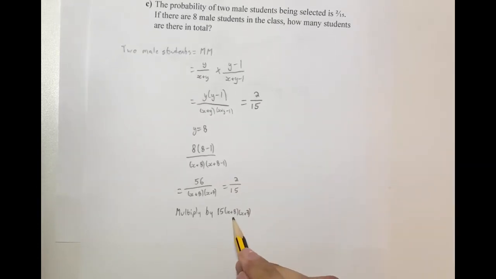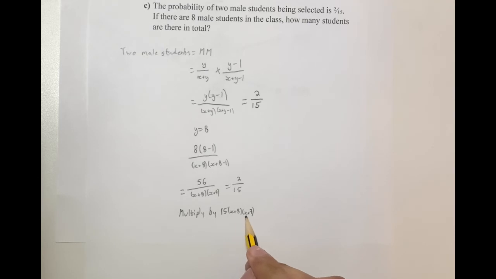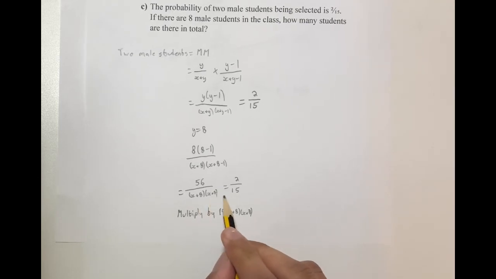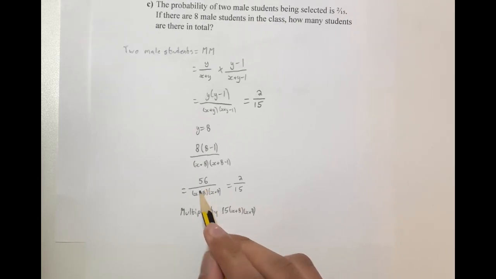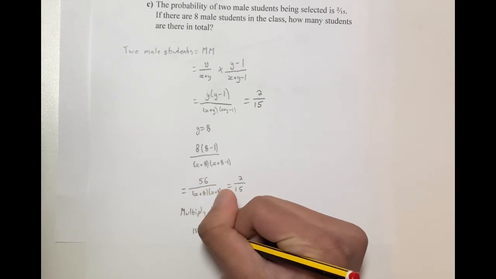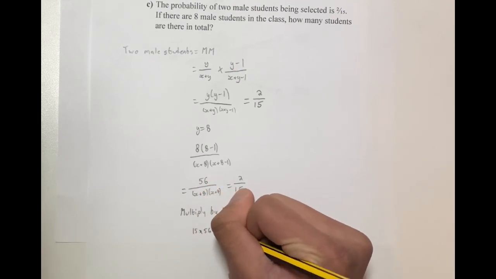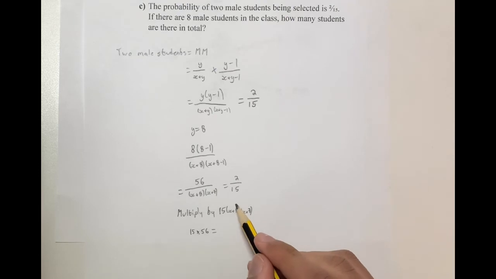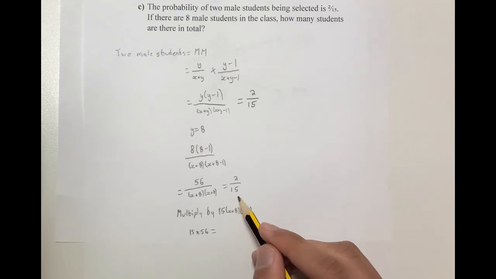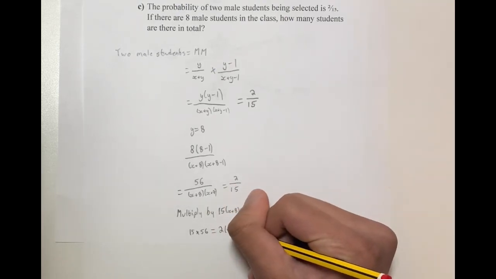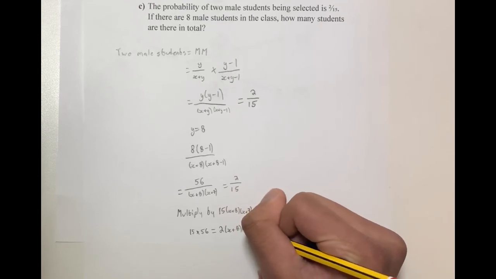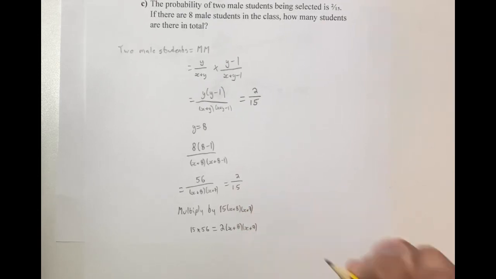On the left-hand side, multiplying by x plus 8, x plus 7 removes this denominator, but we multiply by 15 to give us 15 times 56. Then on the right-hand side, we multiply by 15 to remove the denominator, which leaves us with 2 multiplied by x plus 8, x plus 7.